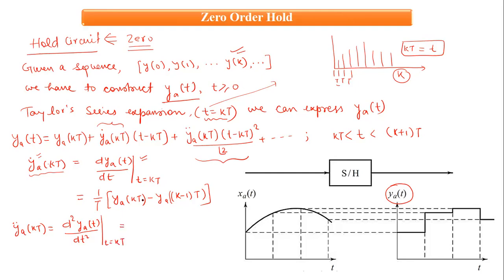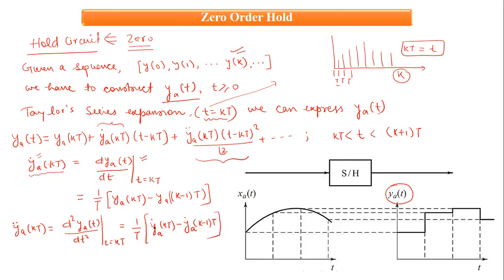Because this is the second derivative, with two dots here, it would be written as 1 by T times the difference equation of the first derivative: y dot a (kT) minus y dot a ((k minus 1)T), bracket close.